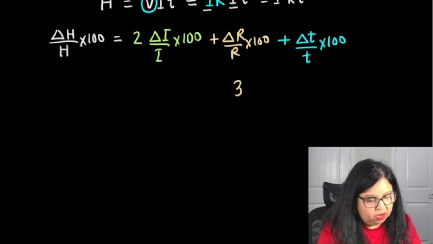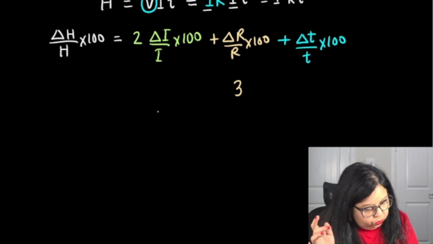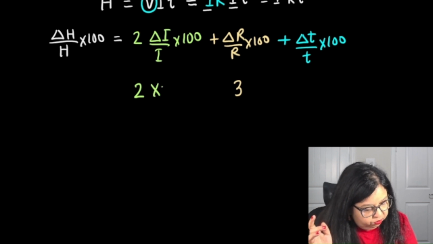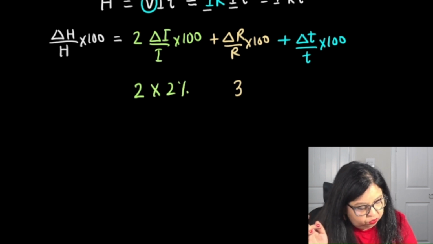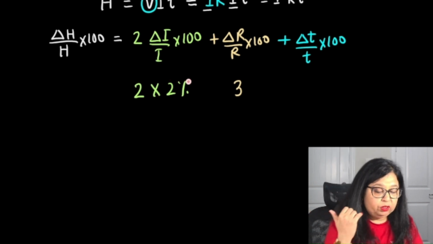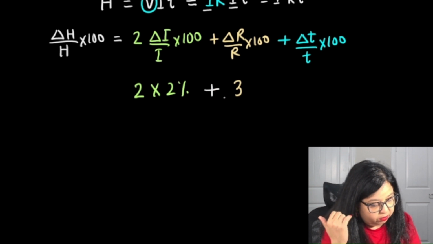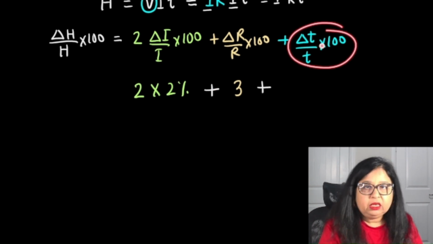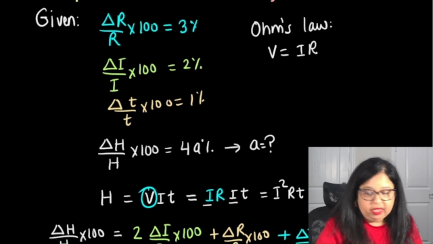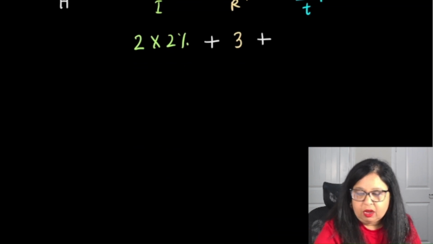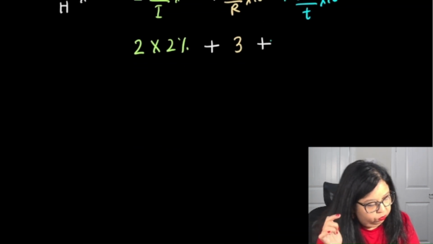All right, let's write that down. 2, which is this 2, times 2%, and this 2% over here is the delta I over I times 100, which is given to us, plus. Then we have this percentage error in the time. What is that equal to? 1%. All right, let's write that down. 1%.